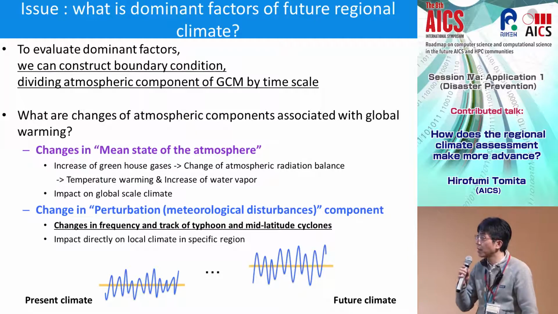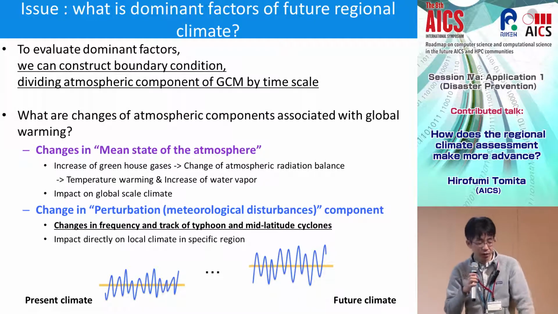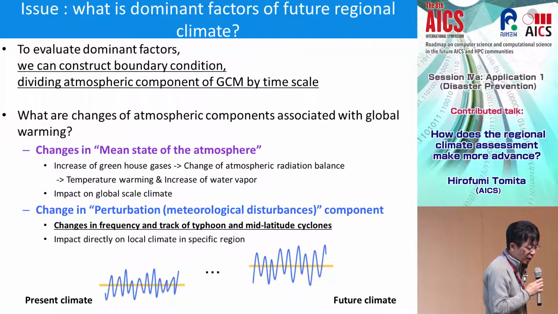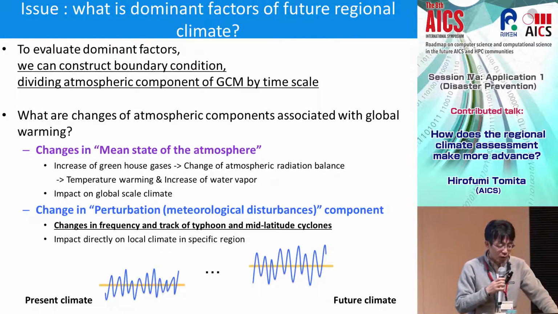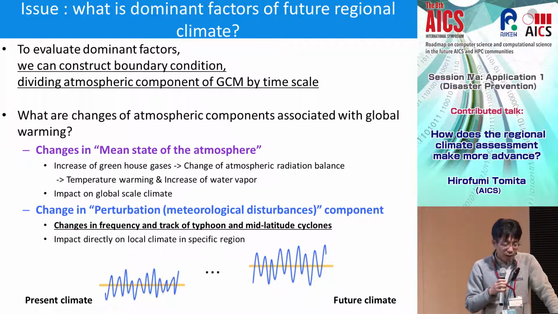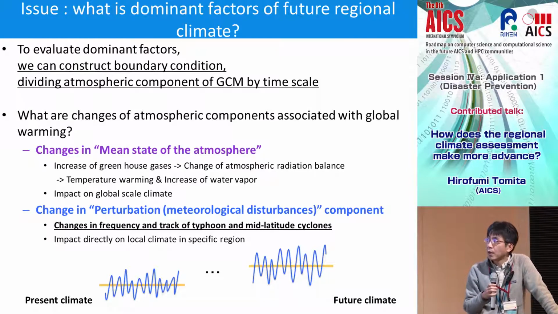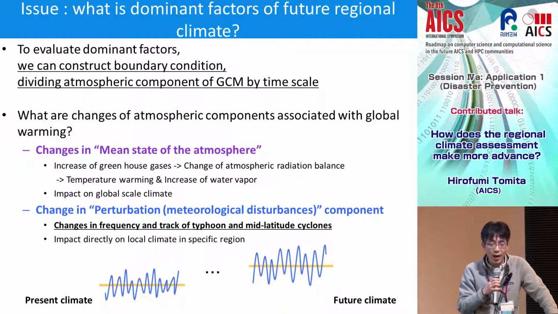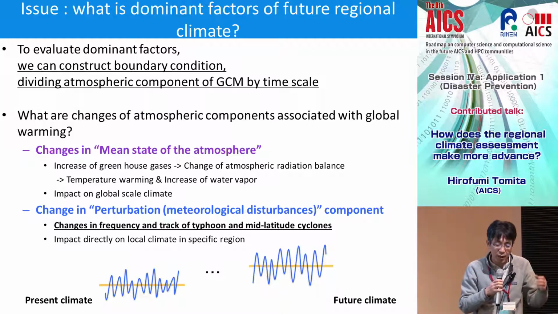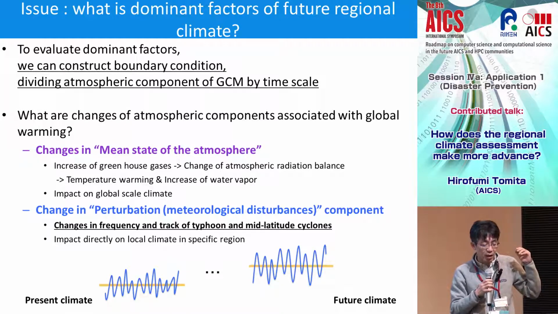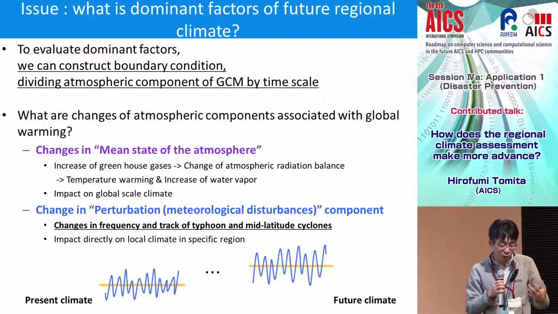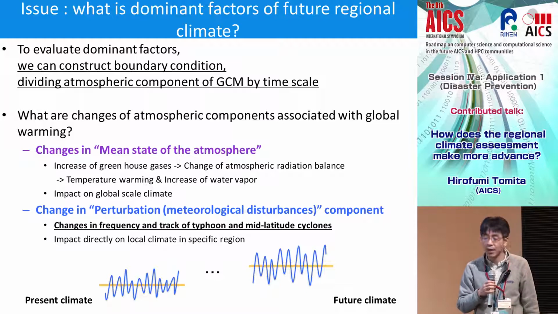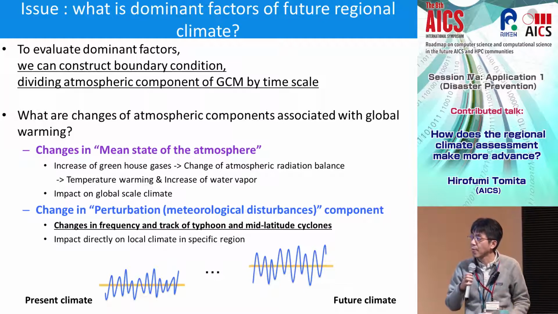So the big issue is what is the dominant factor in future regional climate. If we evaluate the dominant factor, we can construct the boundary condition obtained from the GCM divided into some components by different time scale.